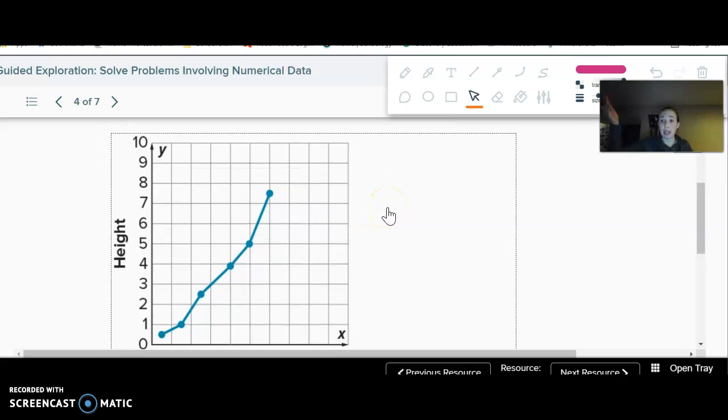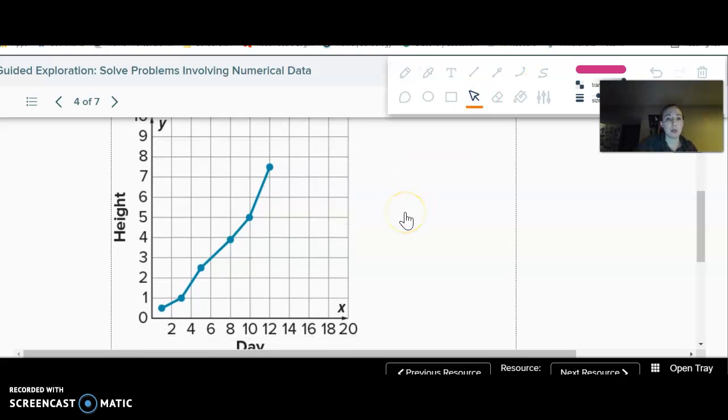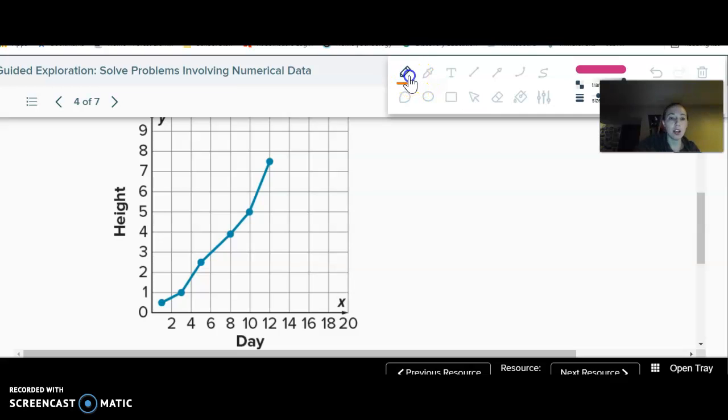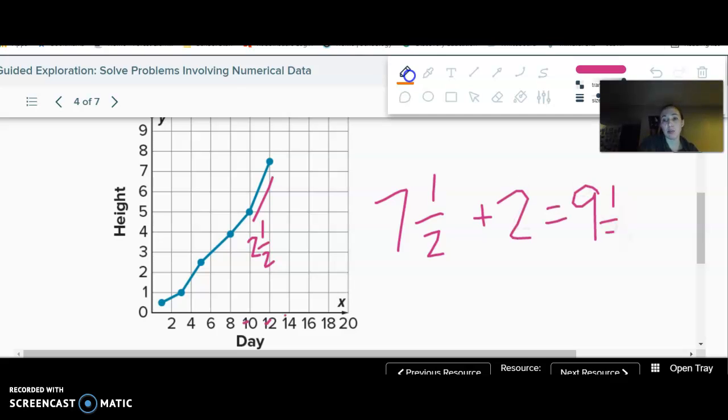Well, we could apply the same amount of growth, right? From 10 to 12, it grew 2.5. That was 2 days, remember? So then 12 to 14, maybe it'll grow another 2.5. If I took 7.5 plus 2, that would be 9.5, right?